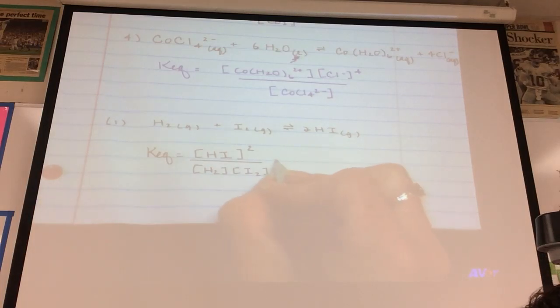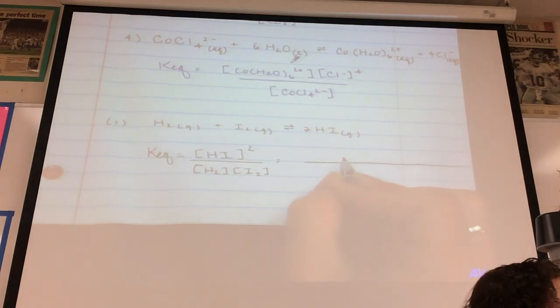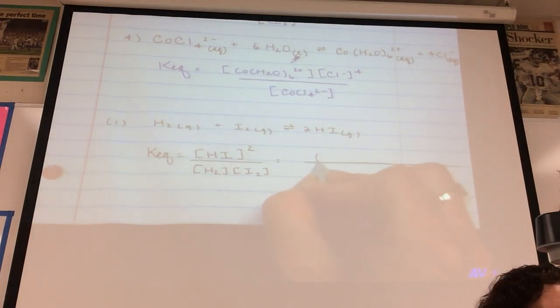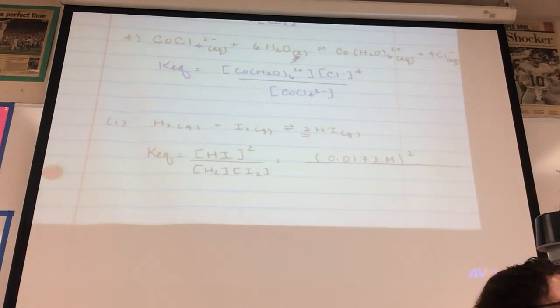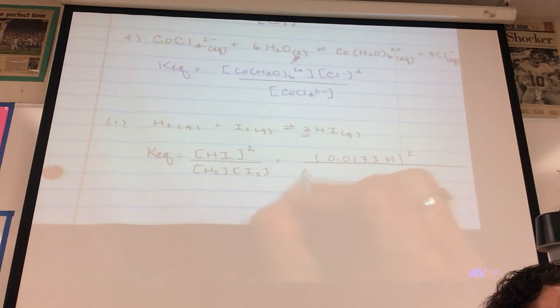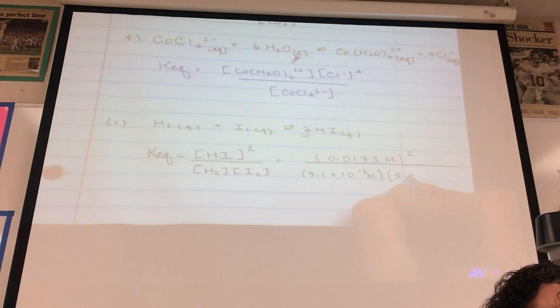Once you set this up, you can essentially just plug and chug away. They give you the concentration of hydrogen iodide at 0.0173 molar. You will need to square that because of the coefficient of 2. They give you the concentration of hydrogen gas at 9.1 times 10 to the negative 3 molar, and the concentration of iodine at 5.9 times 10 to the negative 4 molar.